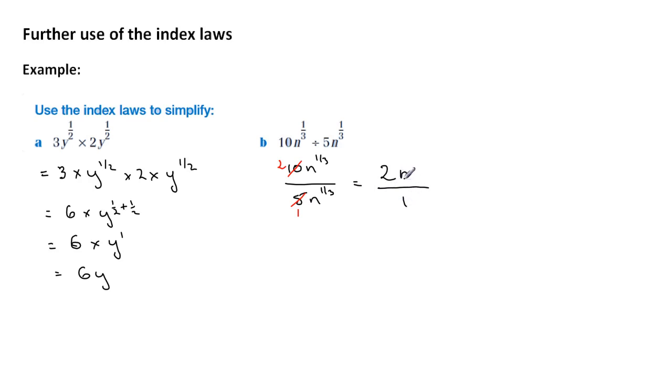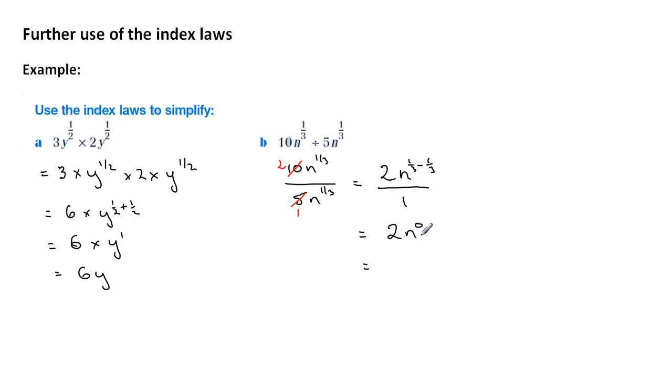And then we apply our index rules to the n. So that's 1/3. And because we're dividing by n to the 1/3, we can subtract the indices. So we're left with 2 times n. Now it's a third minus a third, which gives us 0, all over 1, which we don't need to write in now.